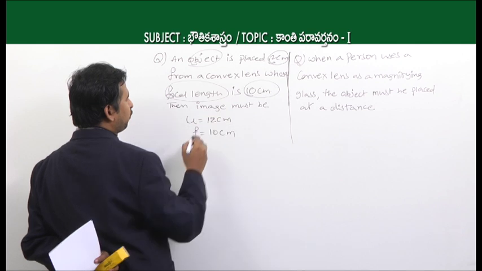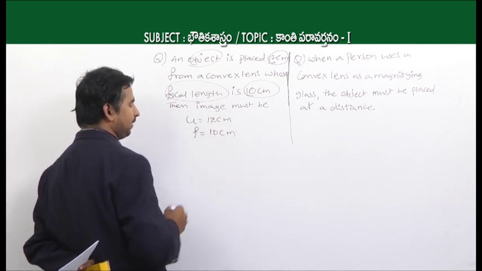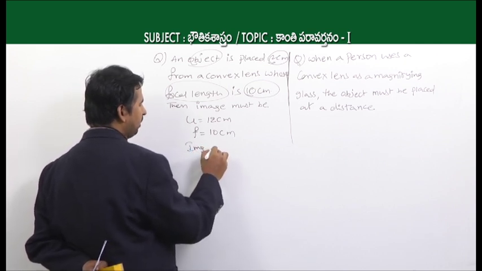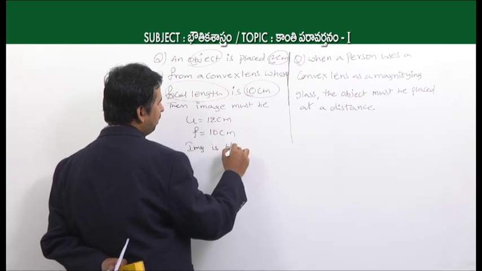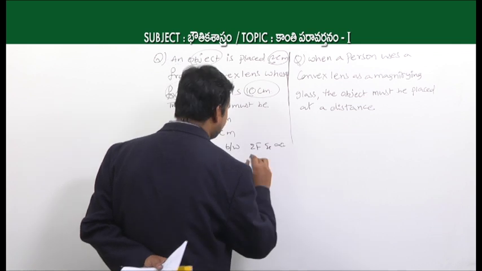As given, the focal length is 10 and the object is placed in between f and 2f, or f and the center of curvature. The image is between 2f and infinity, which means beyond 2f.